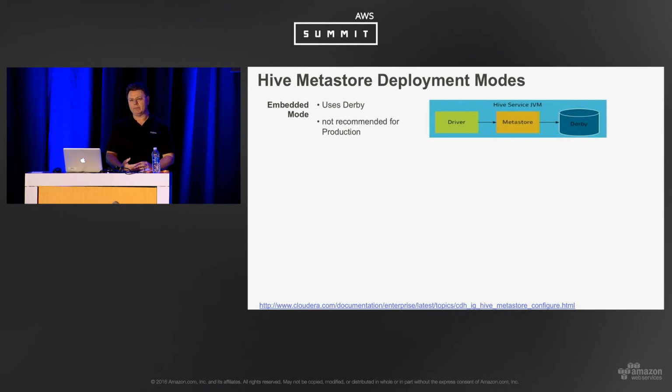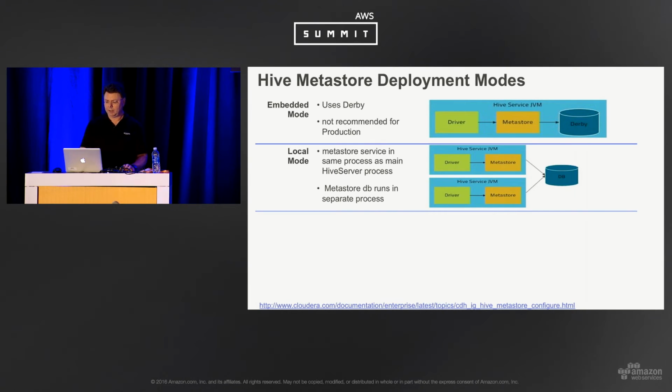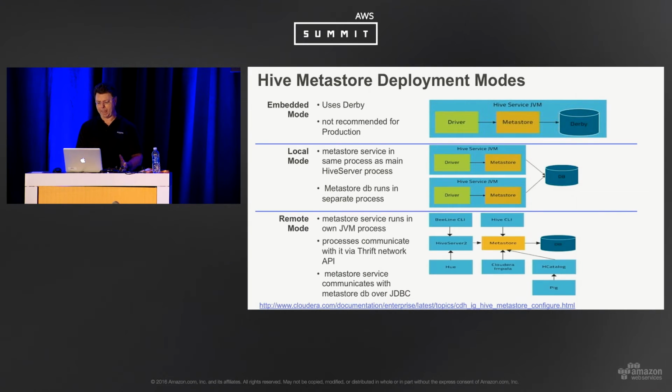You have a variety of ways in which you can deploy the metastore for testing, development and unit testing. You can use an embedded mode where everything is contained within the same JVM. A better mode is a local mode where you decouple the persistence from the JVM. So you have a separate process for the persistence.